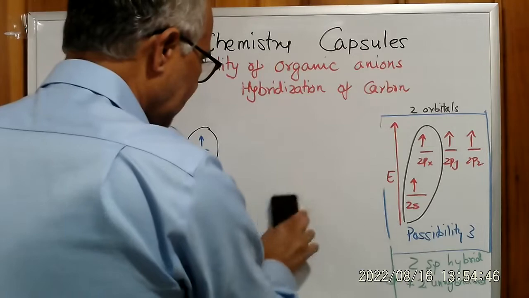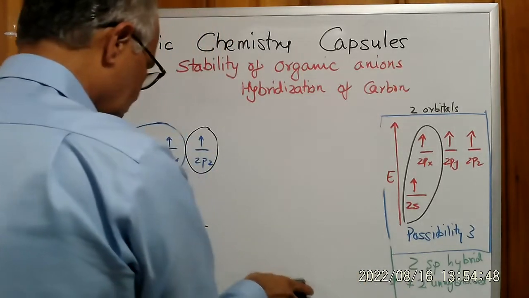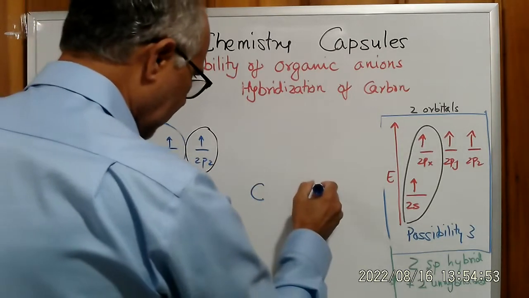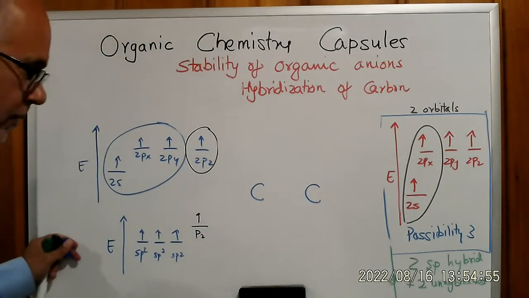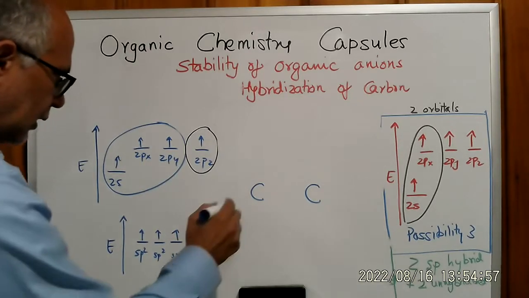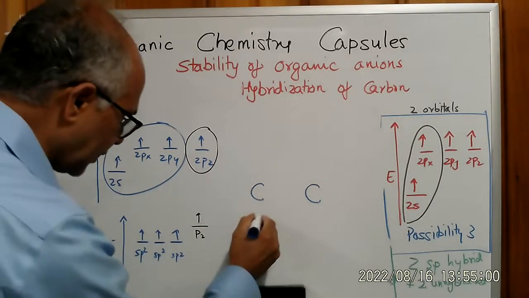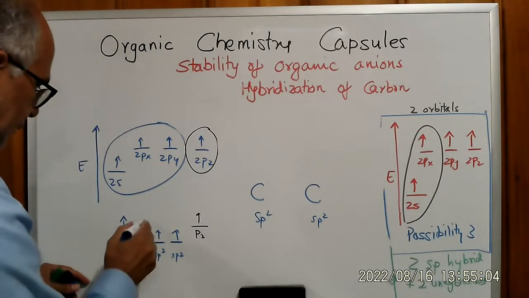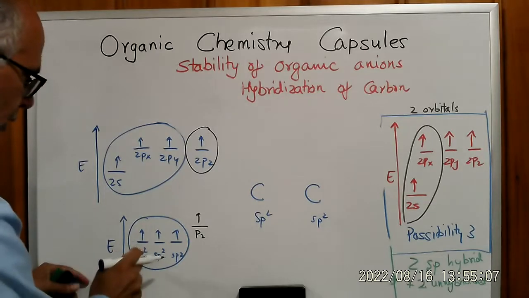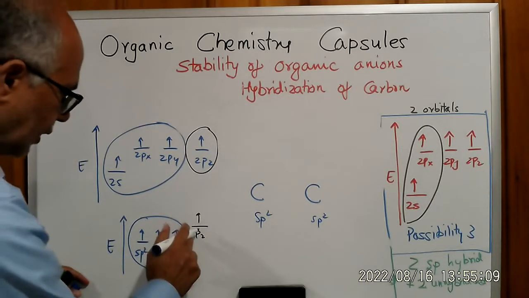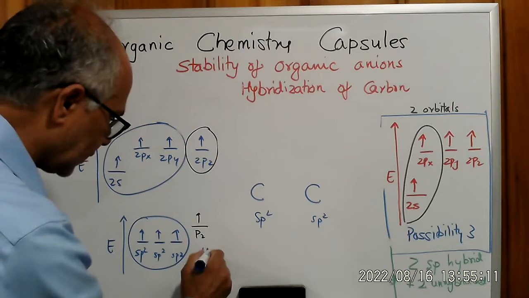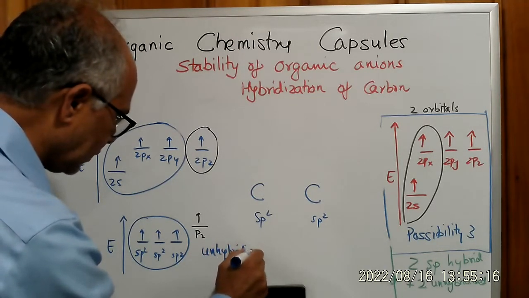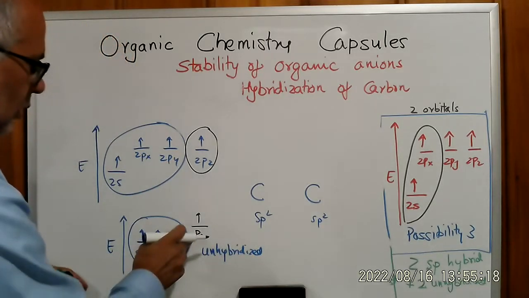So let's take two carbons, for example, an sp2 hybridized carbon and another sp2 hybridized carbon, and each of these carbons is sp2 hybridized. So each carbon will have three hybridized orbitals and one unhybridized orbital, that's the unhybridized orbital, higher energy, and that is in the pz orbital.